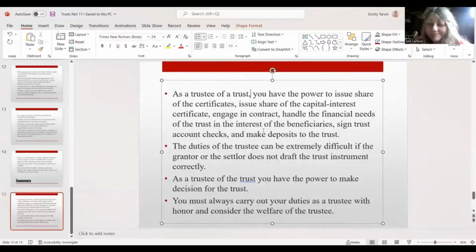The duties of the trustee can be extremely difficult if the grantor or the settlor does not draft the trust instrument correctly. As a trustee of the trust, you have the power to make decisions for the trust. You must always carry out your duties as a trustee with honor and consider the welfare of the beneficiaries.